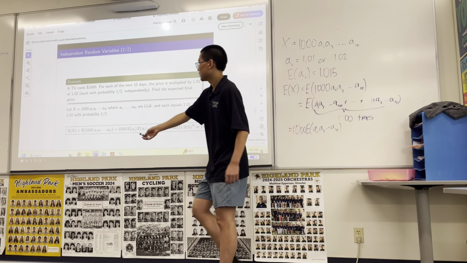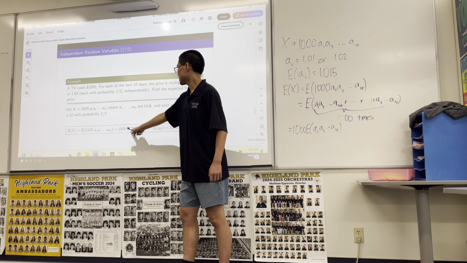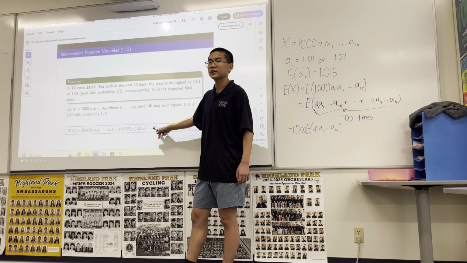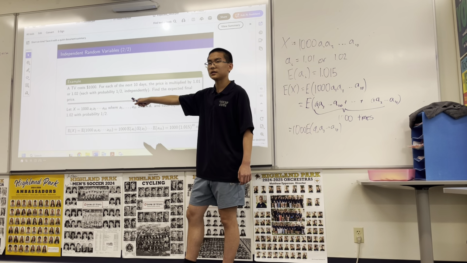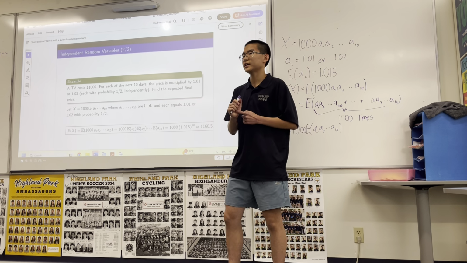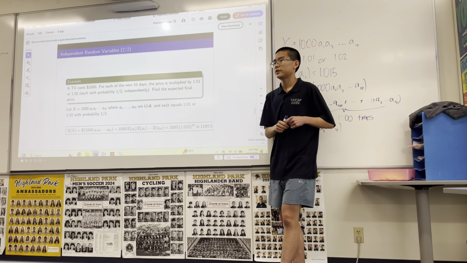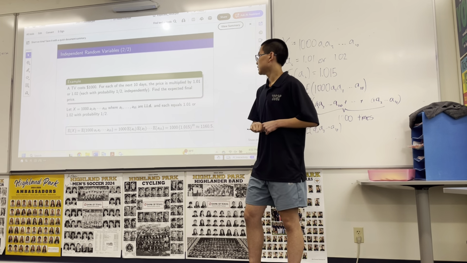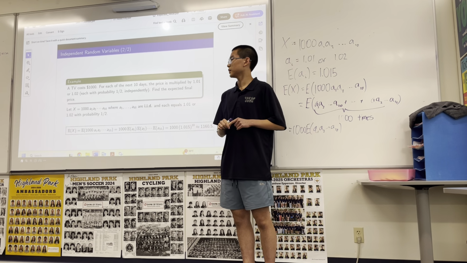You can say that it is equal to expected value of A1 times expected value of A2 times expected value of A10, because of that identity on the previous slide: expected value of xy equals expected value of x times expected value of y, if x and y are independent. Here, every single Ai is independent from the other.